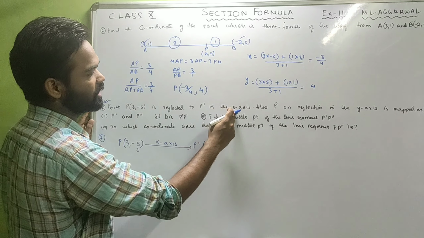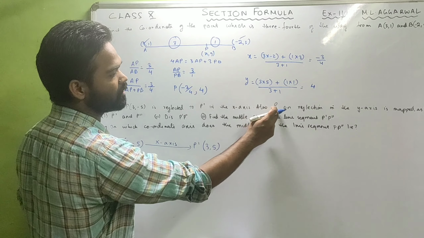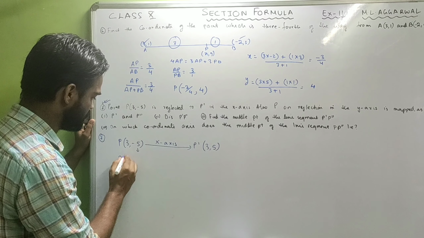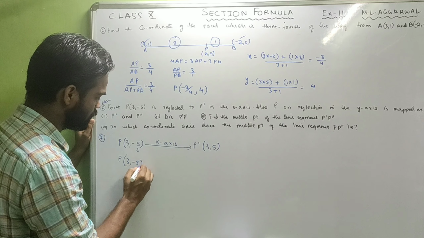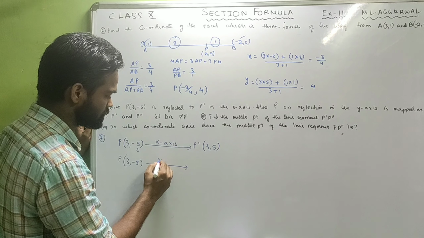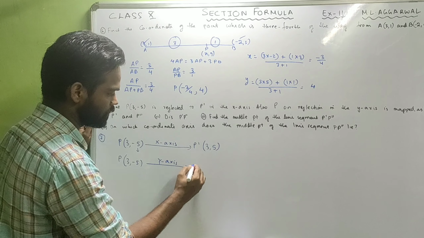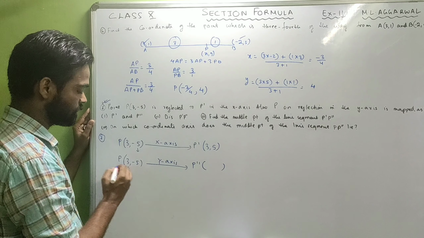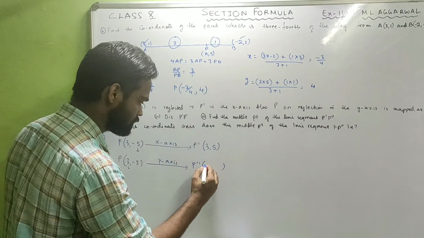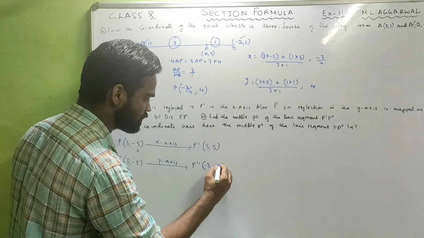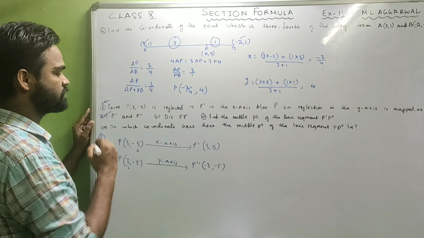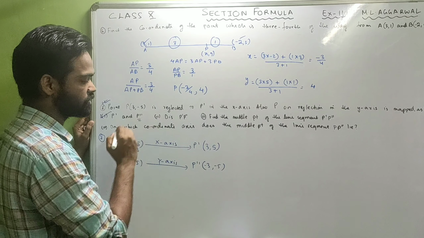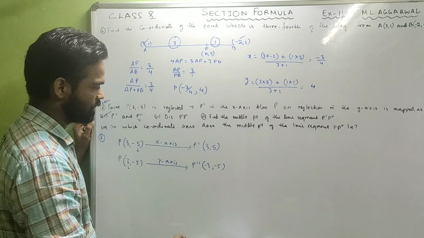Also P on reflection in the y-axis is mapped as P double dash. Reflection on the y-axis, we know the sign of the x coordinate changes, which is (minus 3, minus 5). So the first part is to find the coordinates of P dash, which is (3, 5), and P double dash, which is (minus 3, minus 5). Done.